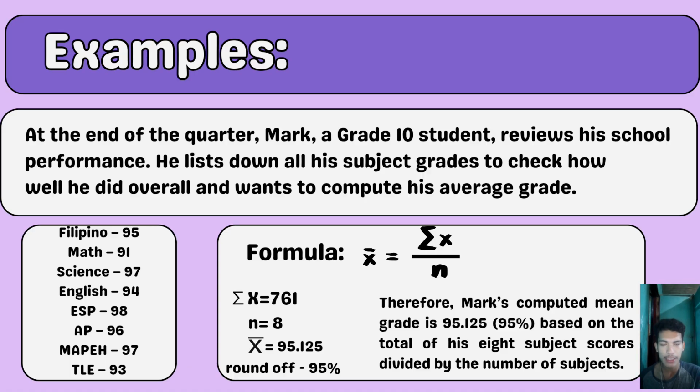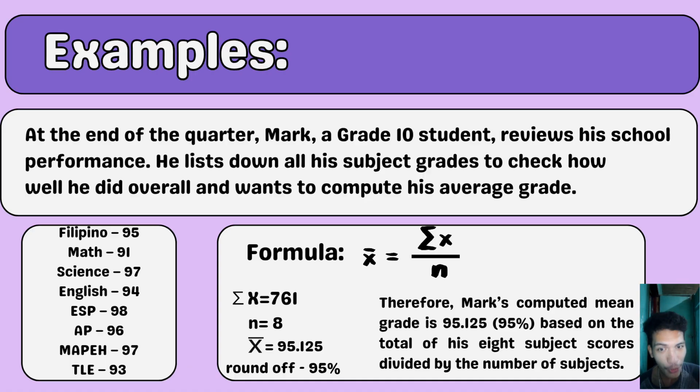So the formula is mean is equal to the summation of x divided by n. The summation of x is 761, and n is 8. The 761 is the summation of all his grades. So he divided it by 8 since he has 8 subjects in total.